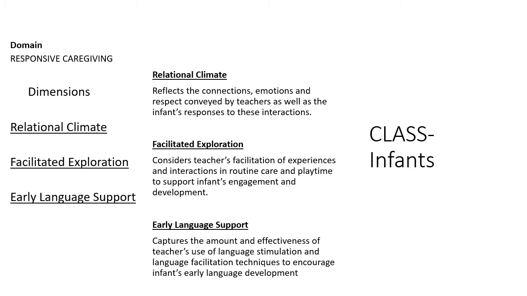So in the area of relational climate we have indicators and behavioral markers that we look at. This checks how they're emotionally involving the children, if they're smiling at them, if they're playing with them, being part of what they're doing, and making them feel part of the classroom. So that is one area.